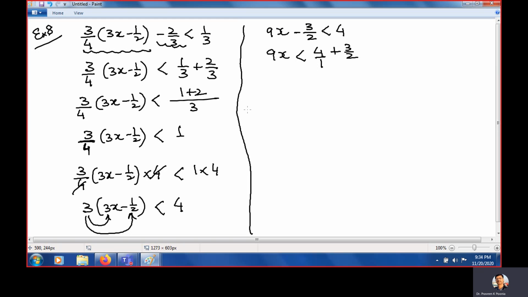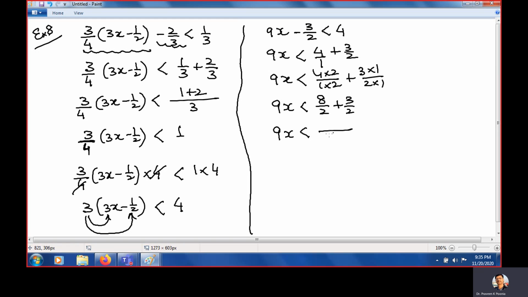And what I told you, make the fraction in both the terms. Multiply by 2 here, 4 times 2, 1 times 2, and plus multiply by 1 here, 3 times 1, 2 times 1. So it is 9x less than 4 times 2 is 8 upon 2, plus 3 upon 2. That means 9x less than, 2 is the LCM, 8 plus 3, 9x less than 11 upon 2.